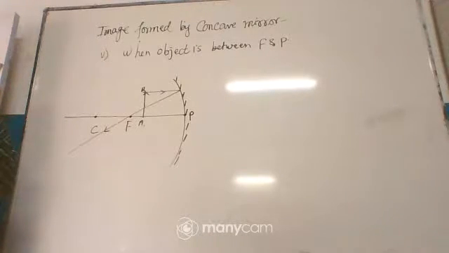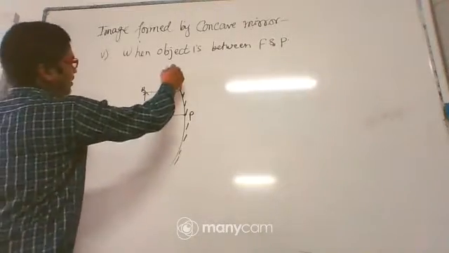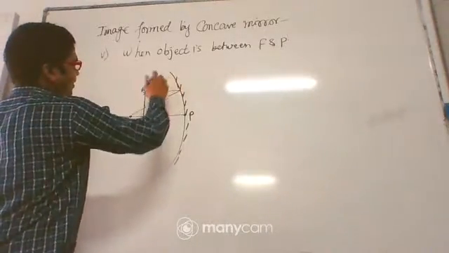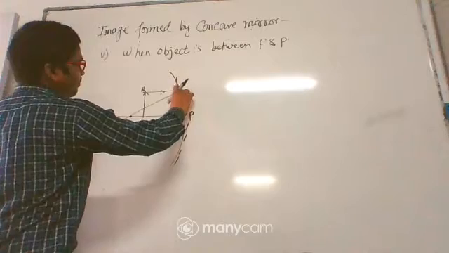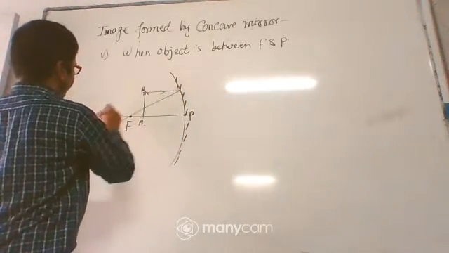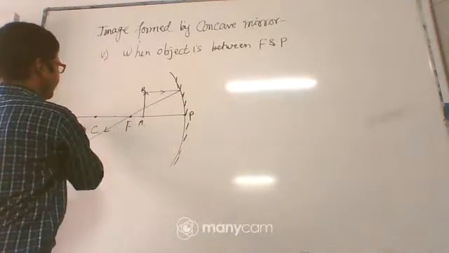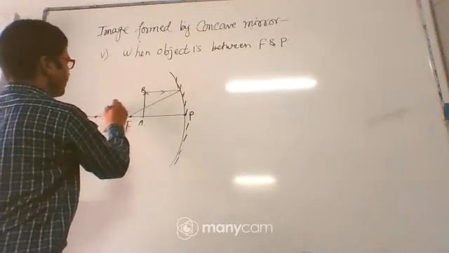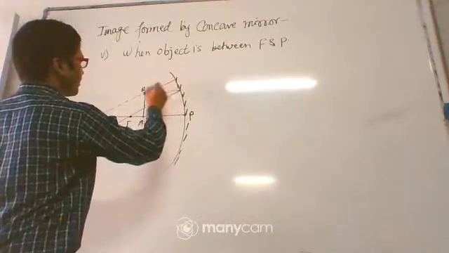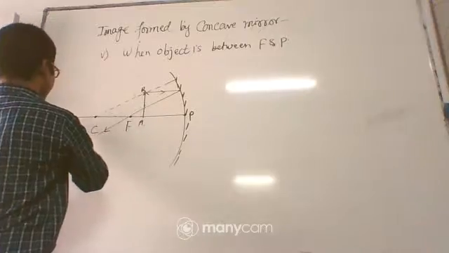Then another light ray passes like this, through point C. You can draw this one like this.